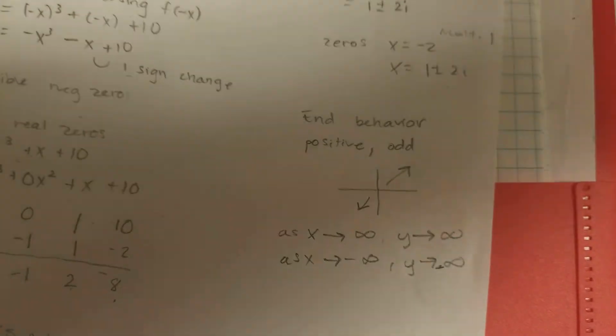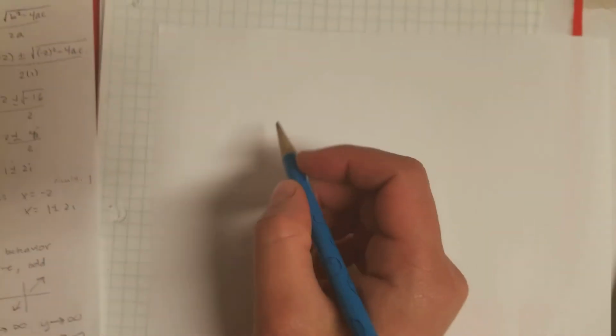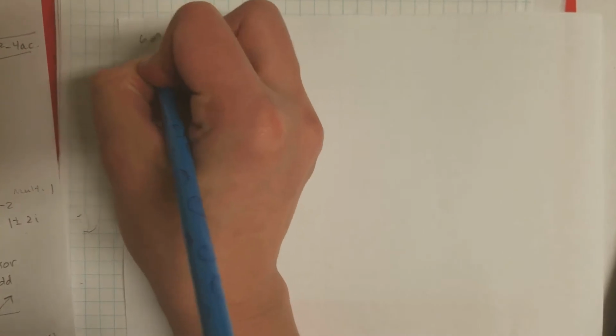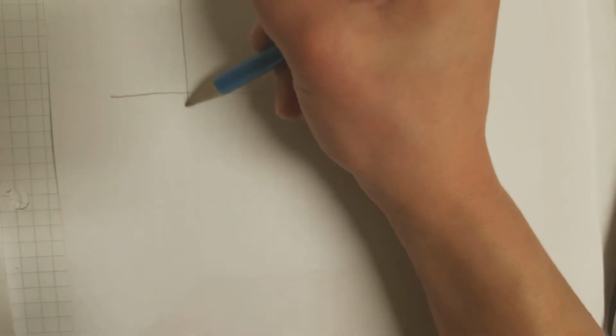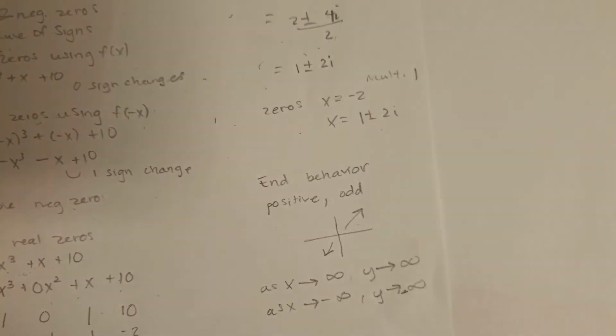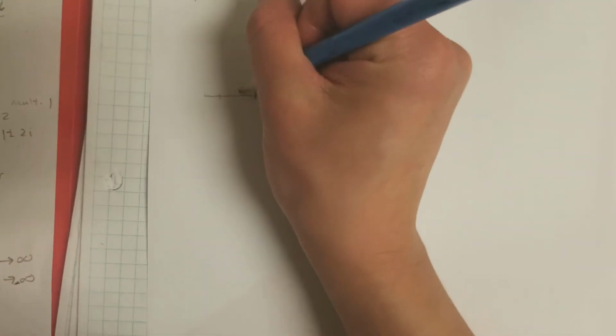Okay, so now we can graph. The thing with our graph here for 6e is that we don't have a lot of points. We only came up with one rational root, and that occurred from our zeros: x equals negative 2.